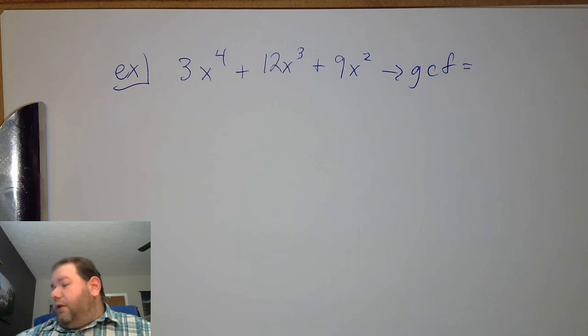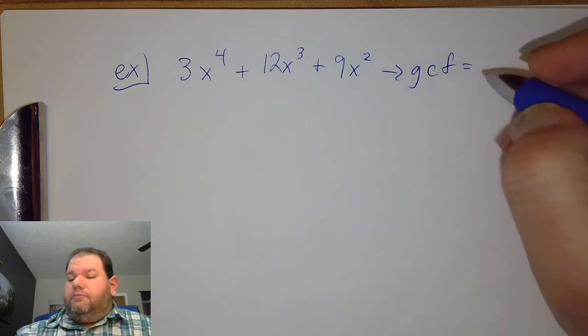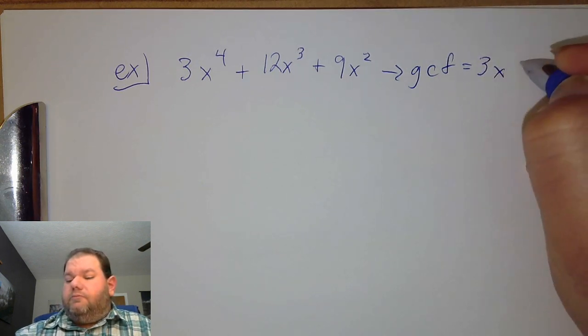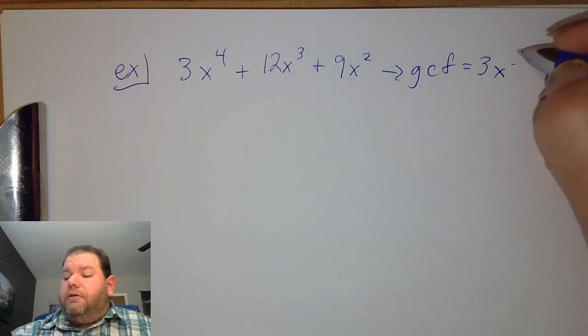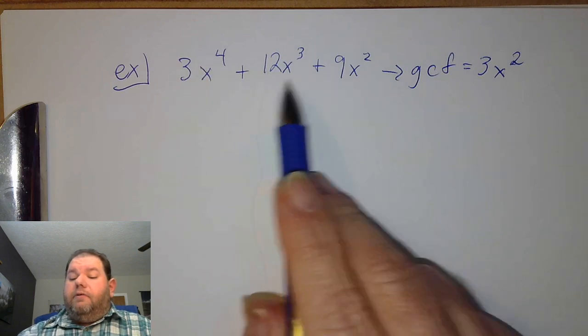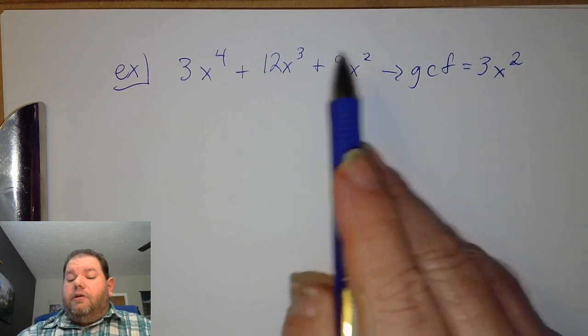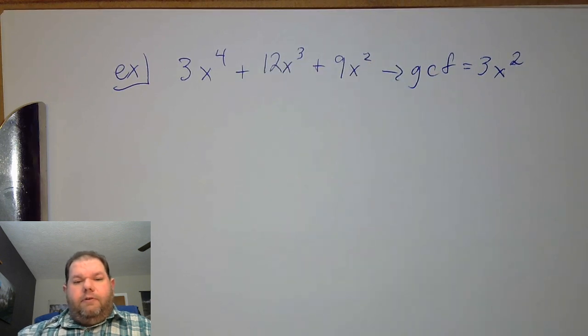Three. Definitely have a 3 in common with all these terms. What about for the variables? X squared. Yeah. So all of them have at least a 2, because we have 2, 3, and 4 as our exponents. So the 2 is the smallest of the 3.